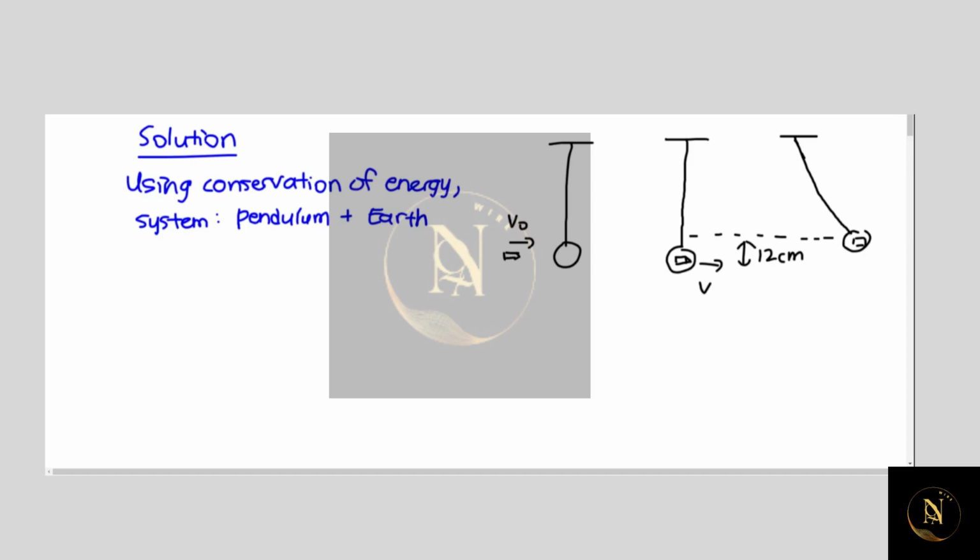So we have Ki plus Ui equals Kf plus Uf. Ki is half mv squared, Ui is 0, and Kf is 0, Uf is big M g h, where h is 12 cm. So the M cancels, and v is the square root of 2gh.